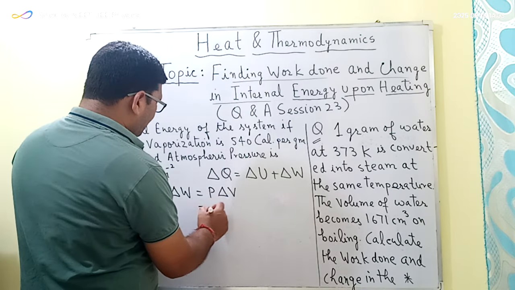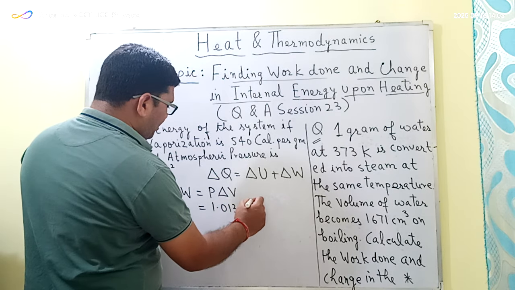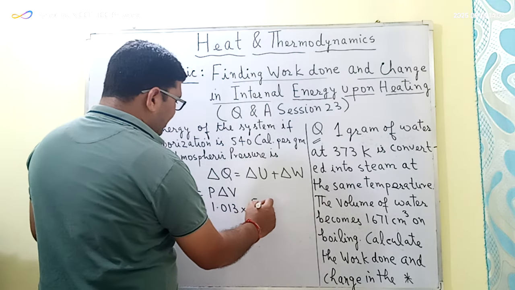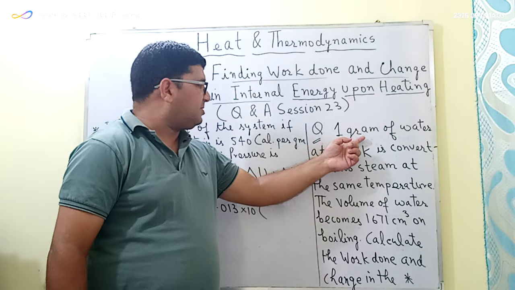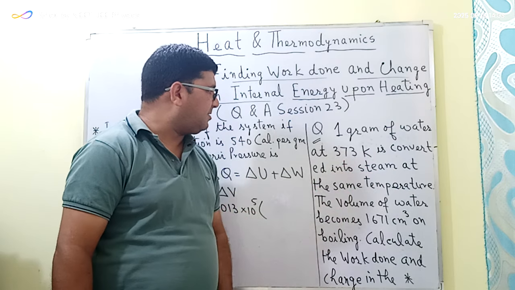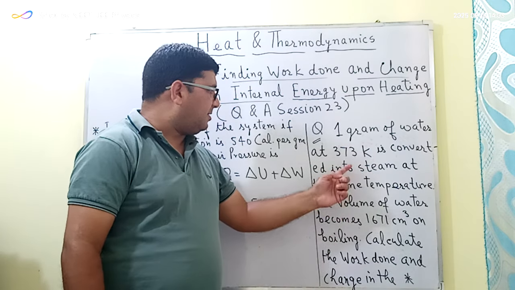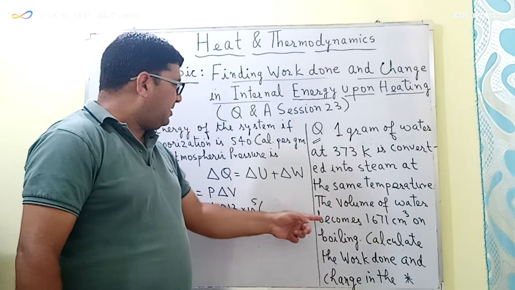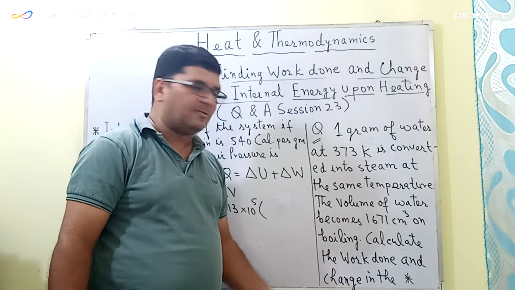So this will be equal to 1.013 into 10 to the power 5 Newton per meter square multiplied by the change in the volume. Now here this is 1 gram of water which is getting converted into steam at 373 Kelvin. This is equal to 100 degrees centigrade. So 1 gram of water is equivalent to 1 cubic centimeter.